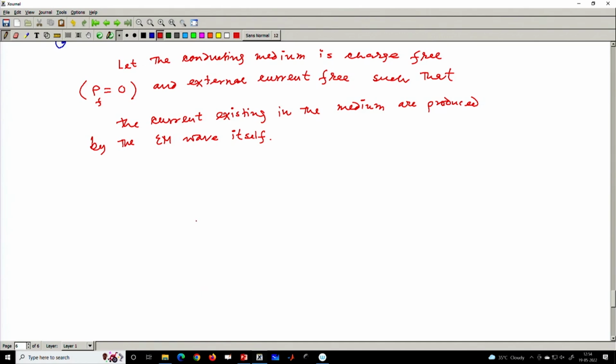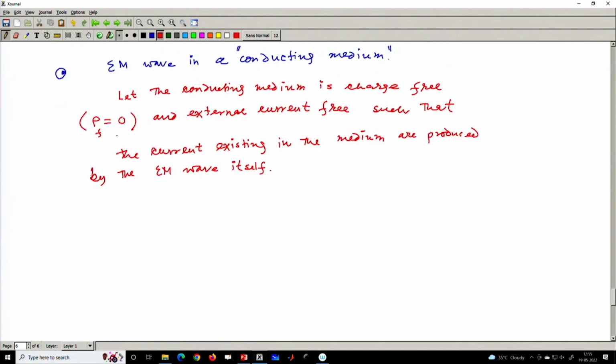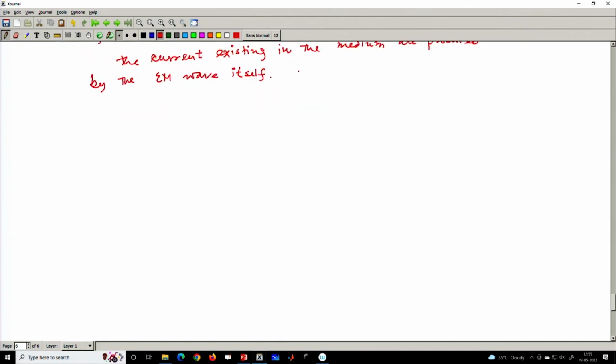So what is the meaning of that? We have a medium where the free charge density is not there, and also there is no external current. Because it is a conducting medium, the only current that we have in the system is due to the electromagnetic wave itself. What current are we talking about here?